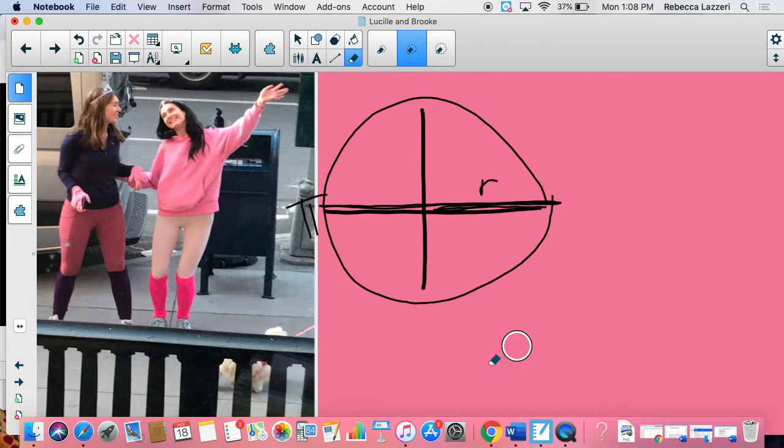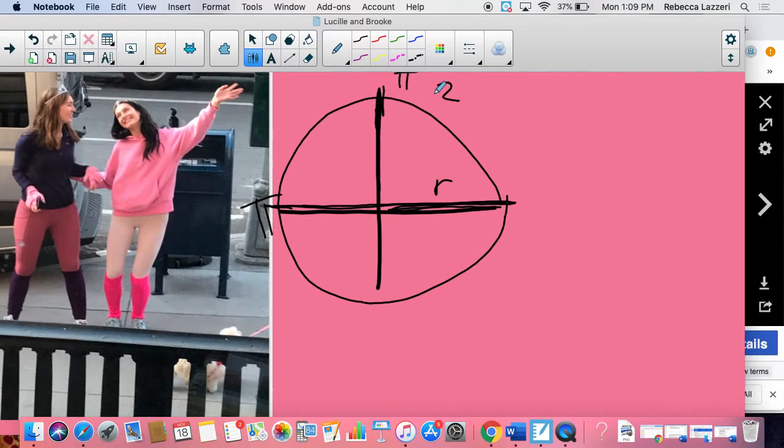Okay, so if we're going to work with this, do y'all understand now that halfway around, in radians, is pi? So how much is this then? Pi over 2. All right, so this up here is pi over 2. Now we're going to count each one of these.